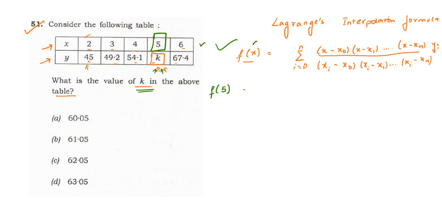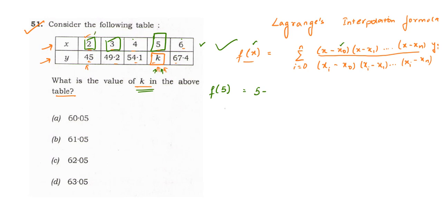Here we need to omit one value of x each time. First we will omit 2, then 3, then 4, then 6, and then we will have four different terms, and we need to sum them up.